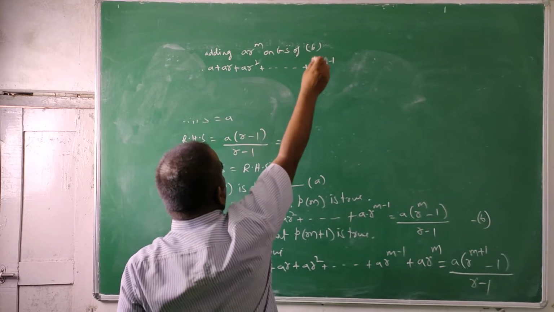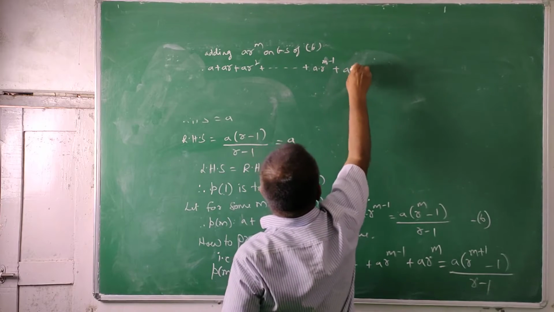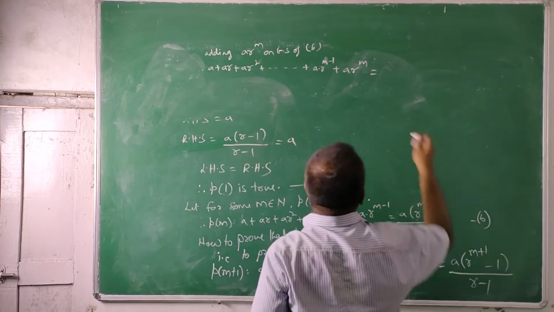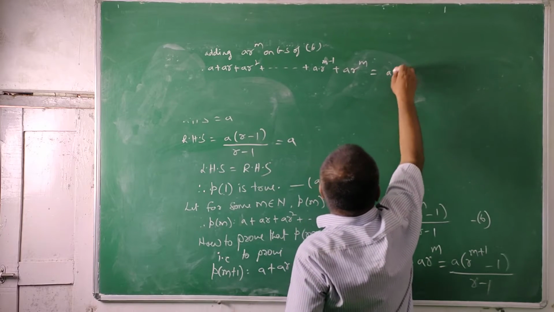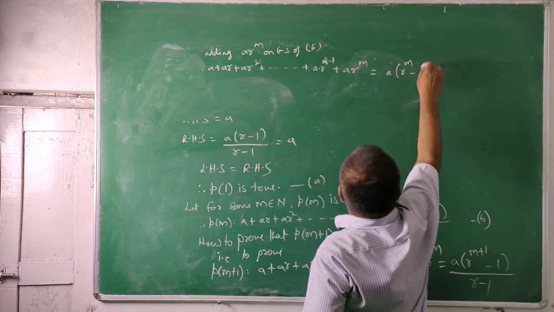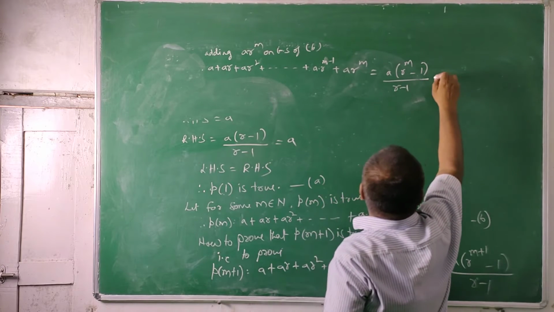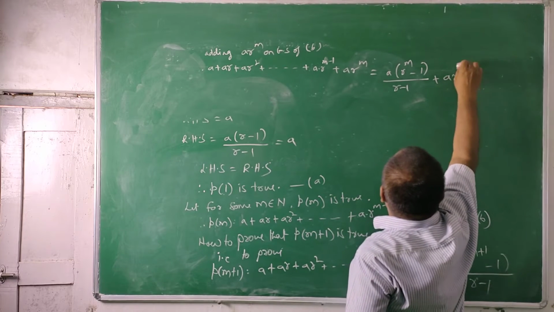So plus a r^m will come, equal to this plus a r^m. So a(r^m - 1)/(r - 1) plus a r^m.